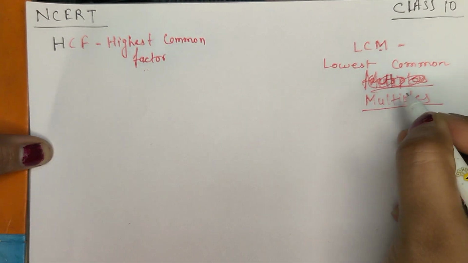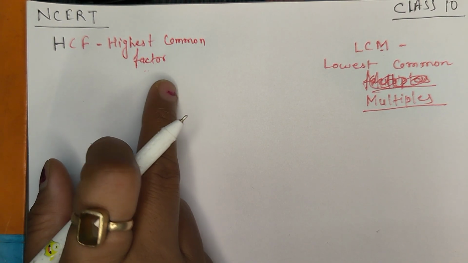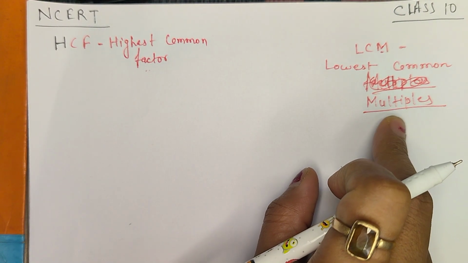Okay, then we understood the meaning of highest common factor and lowest common multiple.